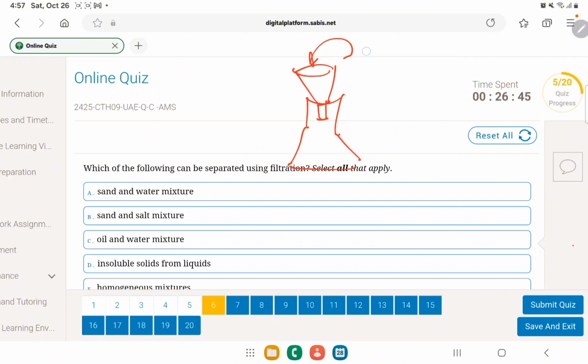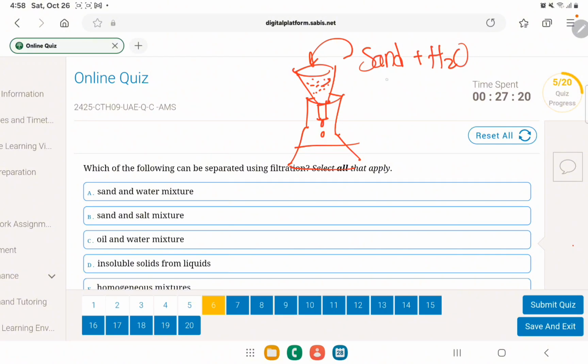Let's say I'm adding sand and water. Using filtration to separate it into its components, we know that the sand is going to stick to the filter paper, and the water is going to keep dripping until it fills the flask. So that's how we use filtration.